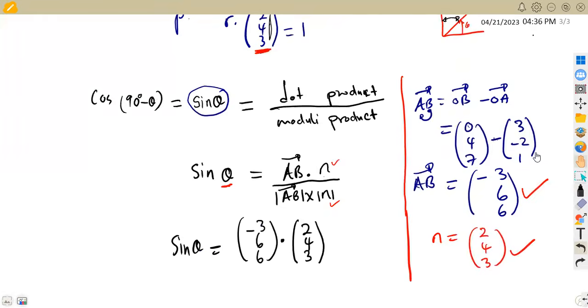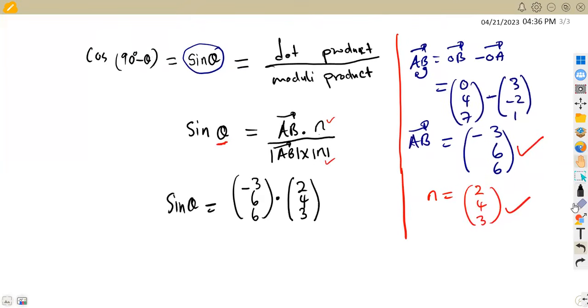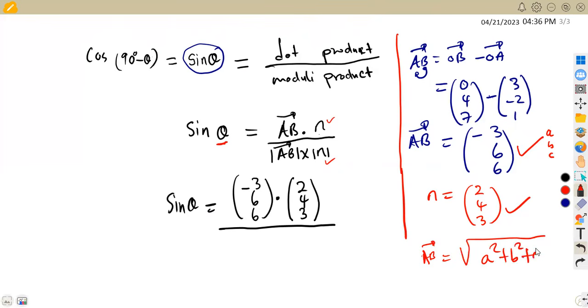All right. So in this case, we can find the modulus of vector AB. Remember that the modulus of a vector (a, b, c) is the square root of a squared plus b squared plus c squared.